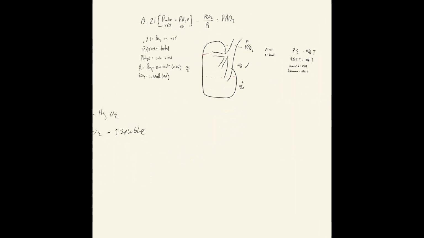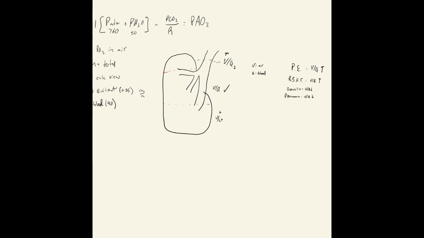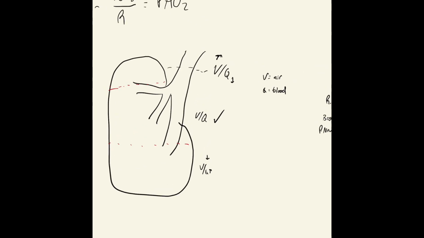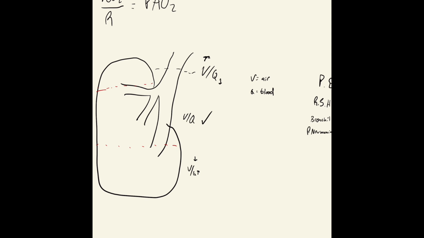So the next thing that I want to talk about is the ventilation and perfusion ratios. I'll give you a few examples of what might cause these ratios to change. We call them VQ ratios. V is representative of the air and Q is of the blood. Right here at the hilum of the lung, we have a VQ that is considered normal, it's average.